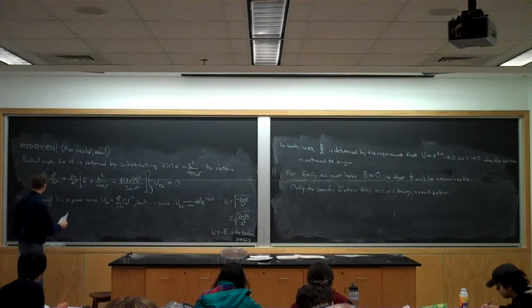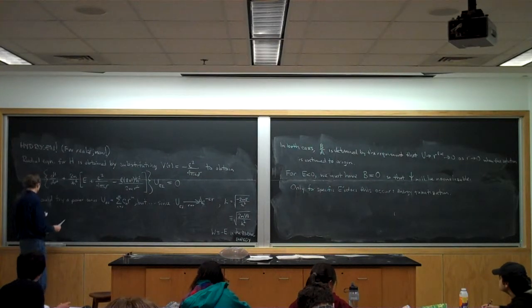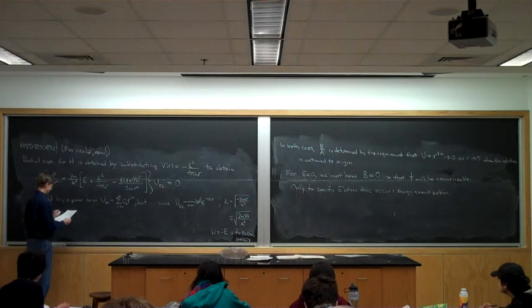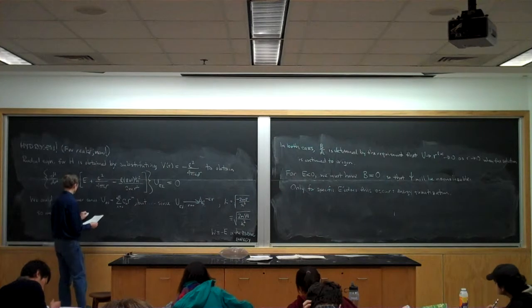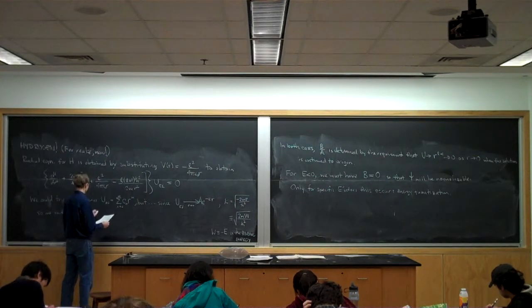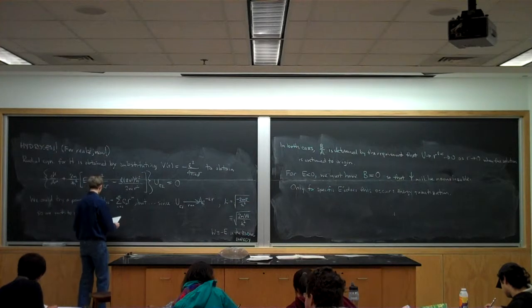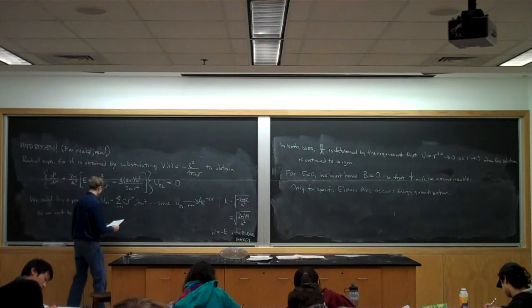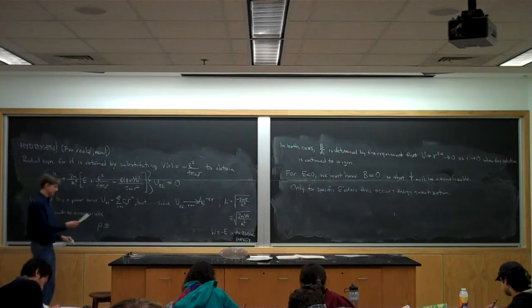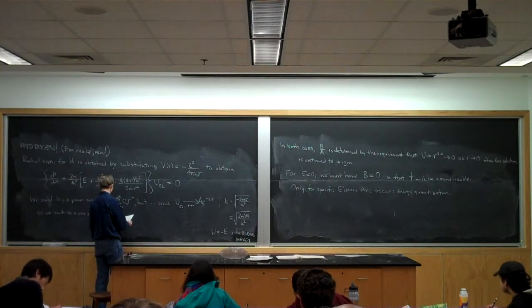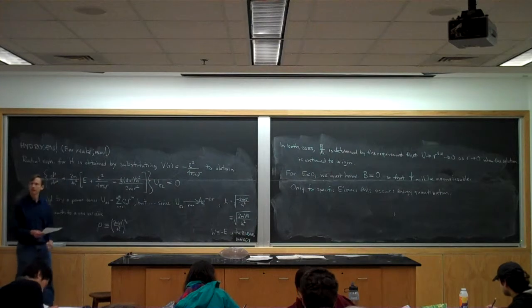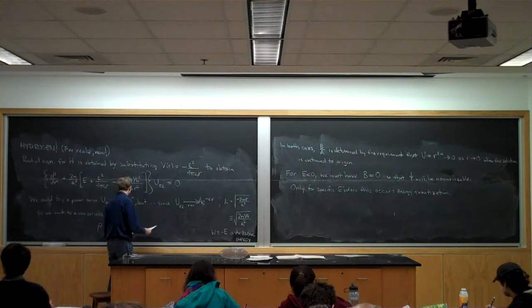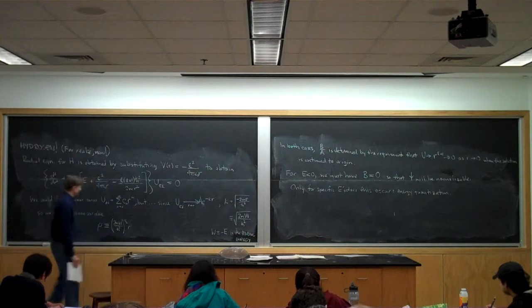Anyway, we're going to switch to a new variable, rho, and rho is going to be equal to the square root of 2mW over h bar squared, all that to the 1/2 power, times r, which is a constant.